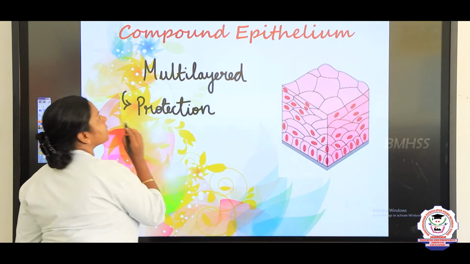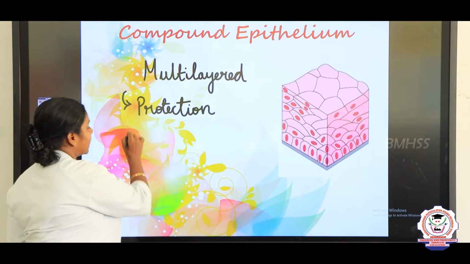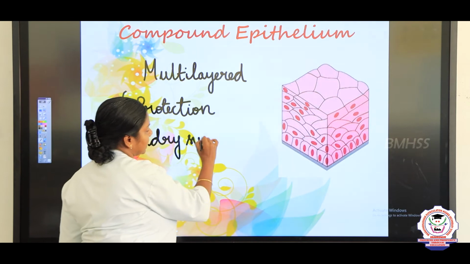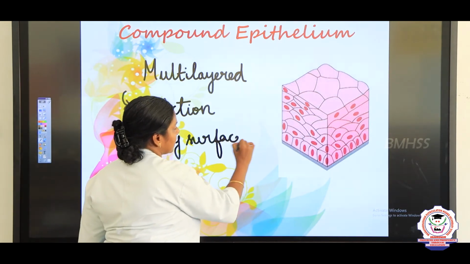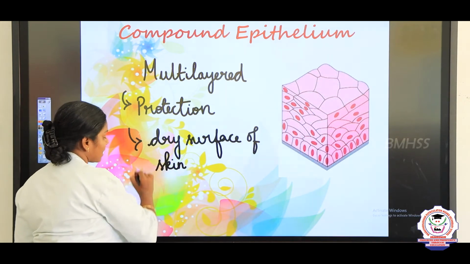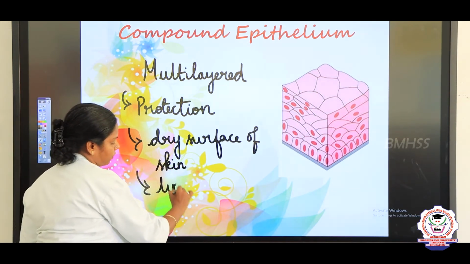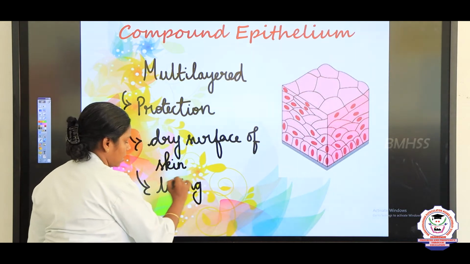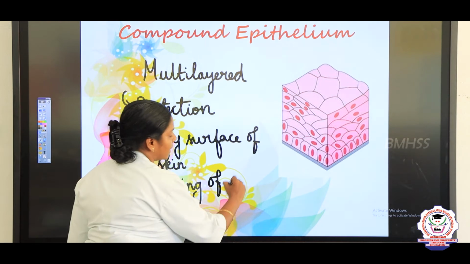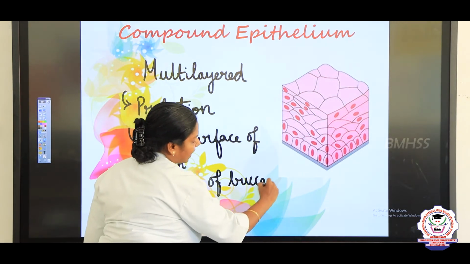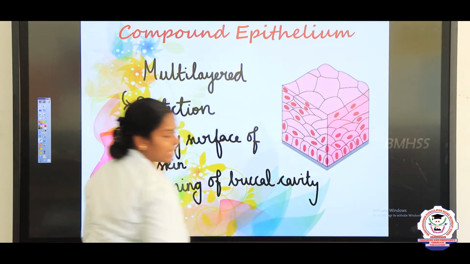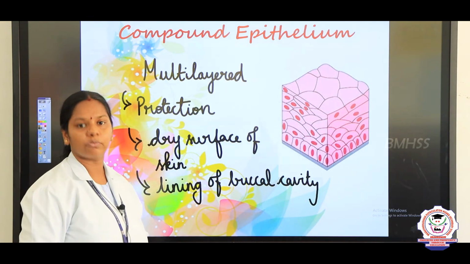And this compound epithelium is present in the dry surface of the skin, that is the outermost surface, as well as the lining of internal, for example in the buccal cavity, esophagus. So, they are all found both in the dry surface as well as in the wet surface.